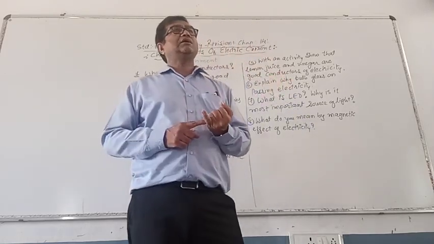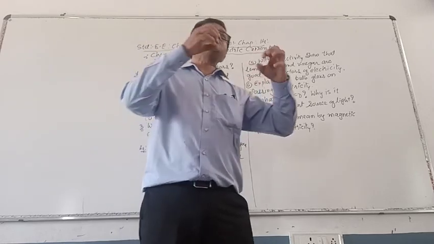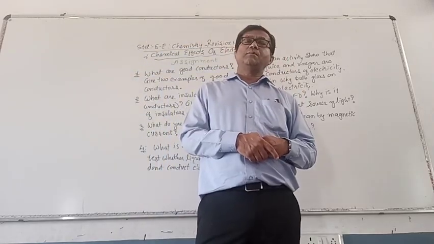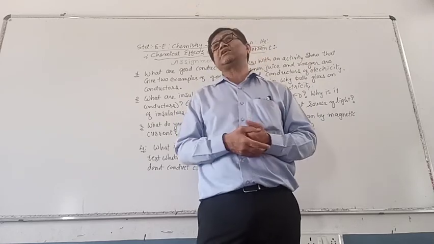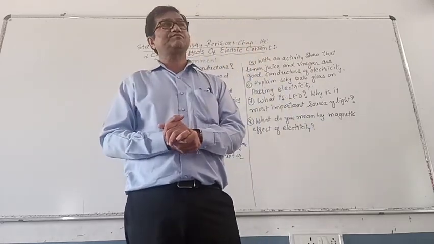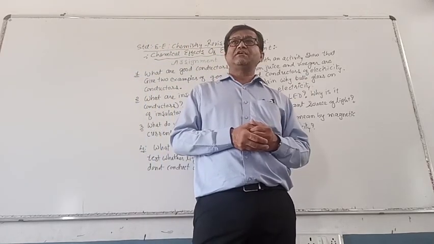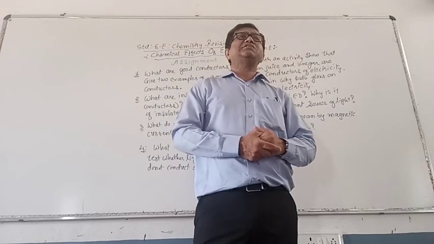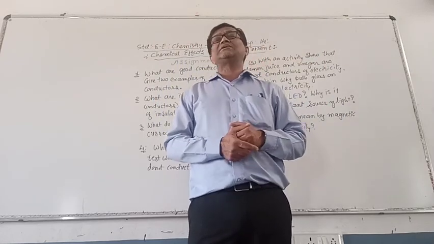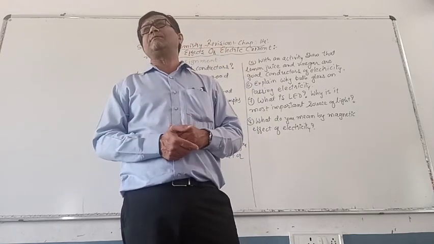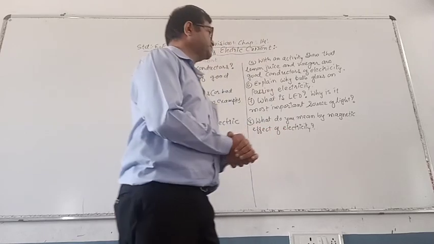One of the non-metals, like graphite that is used in pencil, is also a good conductor of electricity. So these materials, when we join in the circuit, will allow the current to pass through them. So they are known as good conductors.